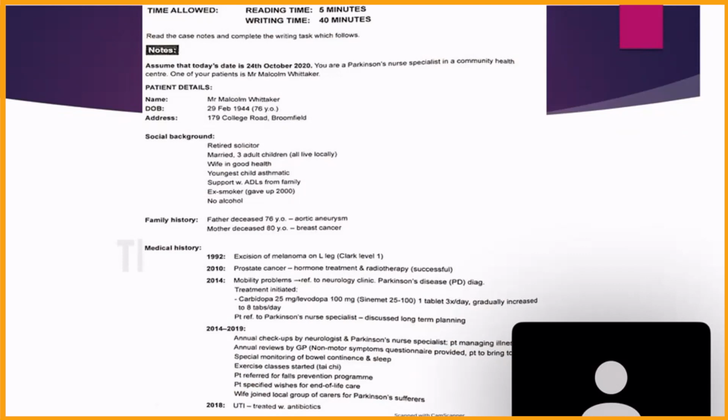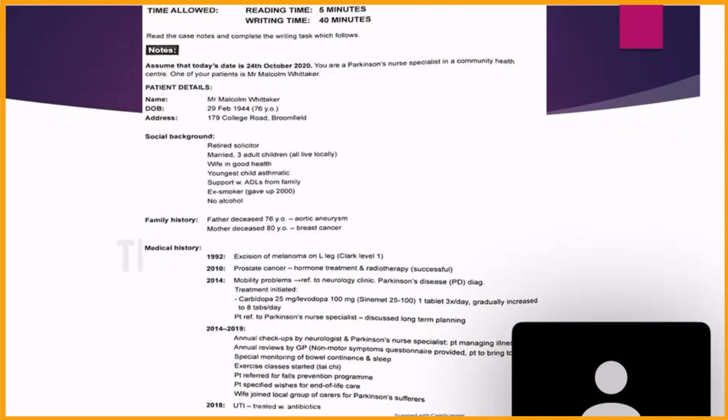Joined local groups of carers for Parkinson's sufferers. It only says they have joined a local group with people who suffer from Parkinson's. That is also not very important. And 2018 UTI treated with antibiotics. Is that important? No. I forgot to mention that.